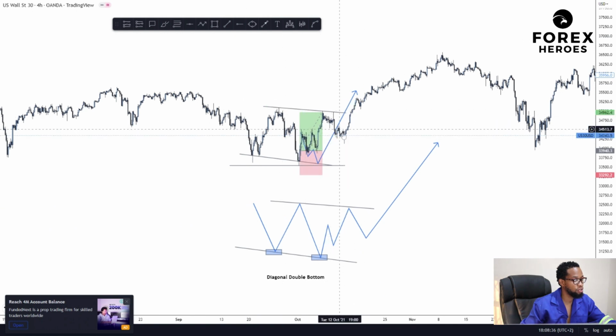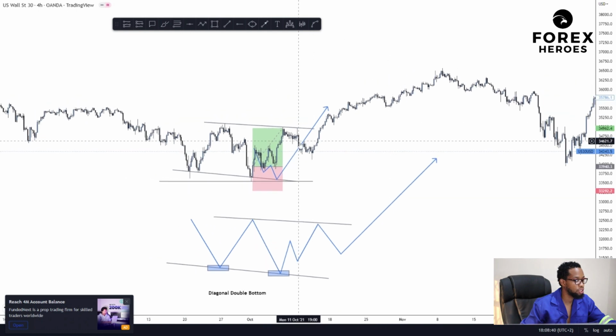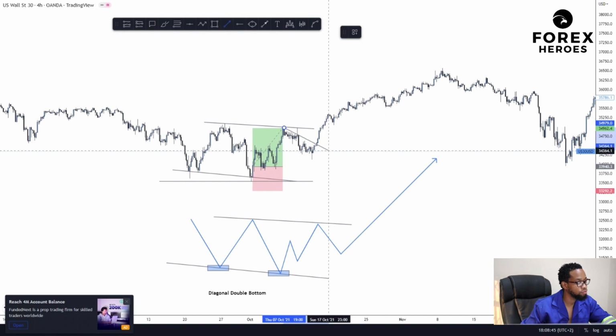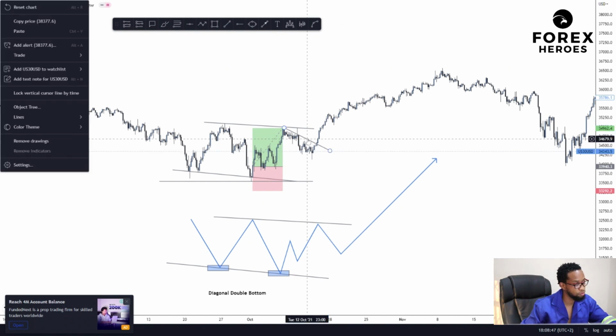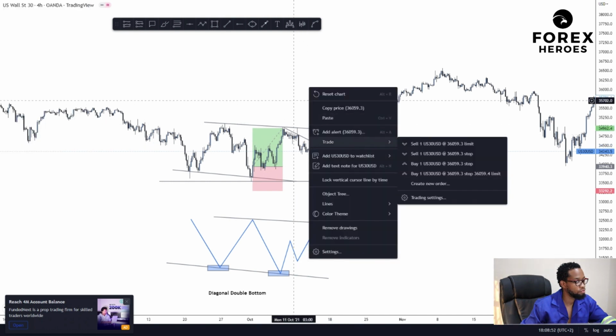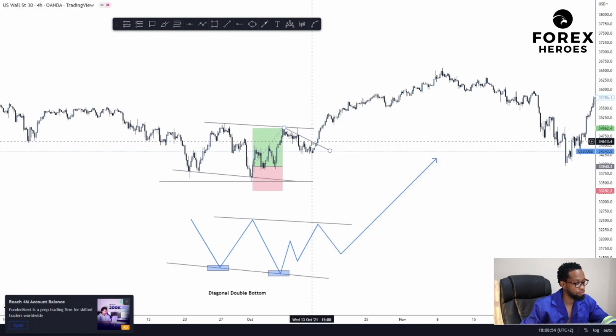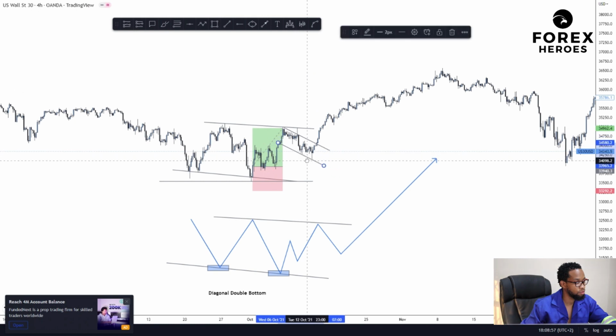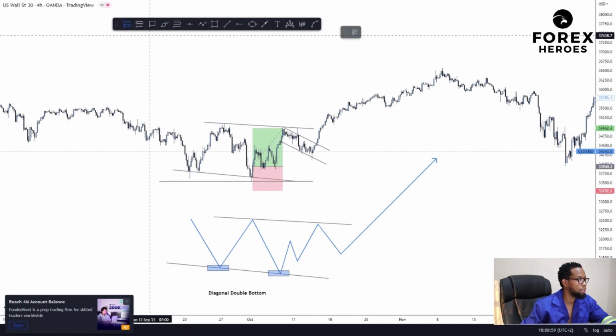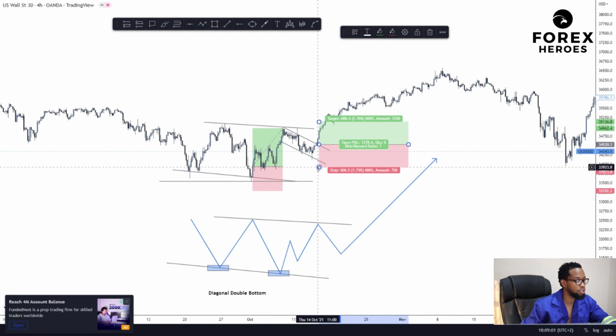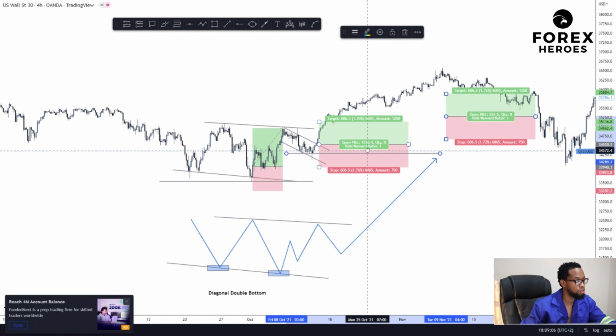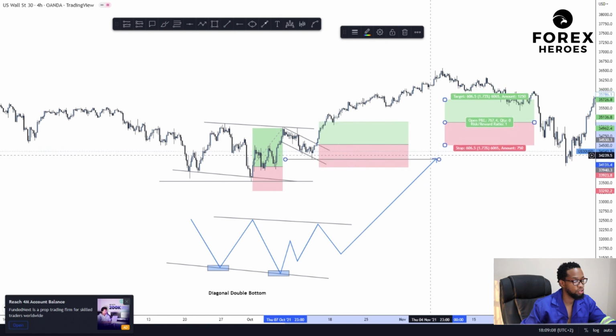This is a correction, and then we pushed, and then it came here, retest, and then what happened? What happened here? Voila, another entry here. Your stop loss below this.